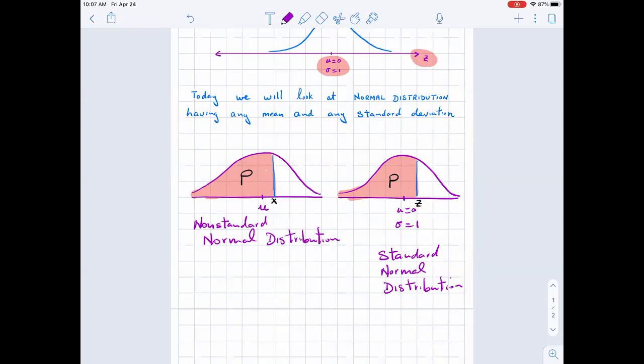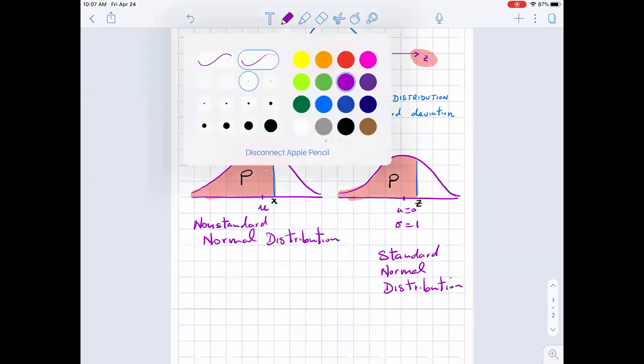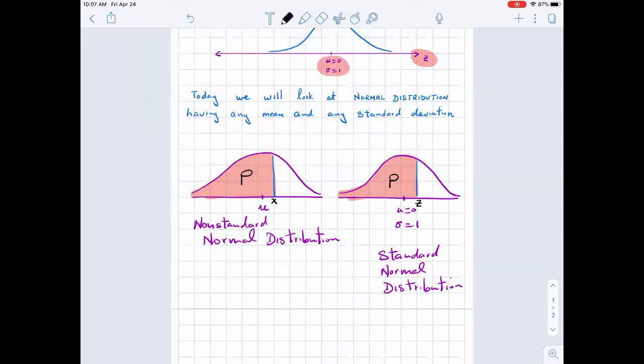Well, there's a formula that we can use, and that formula is Z equals X minus mu divided by sigma. So this here is the formula we'll use to convert. This is how you get from non-standard to standard.